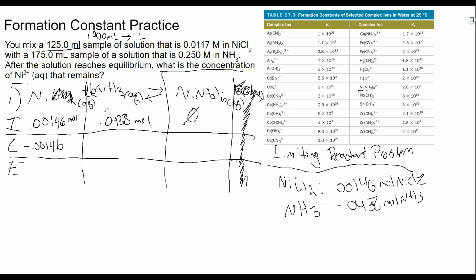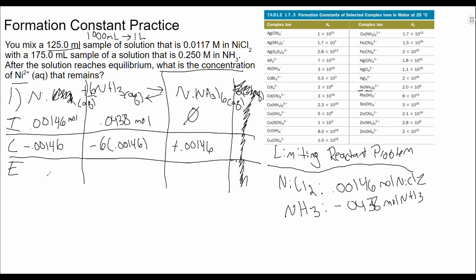Now, NH3, we have 6 of those. So it's going to be minus 6 times 0.00146. And Ni(NH3)6 is going to be plus 0.00146. Right, so that's the change. You just do minus whatever your limiting reactant is. Don't forget the stoichiometry for NH3.